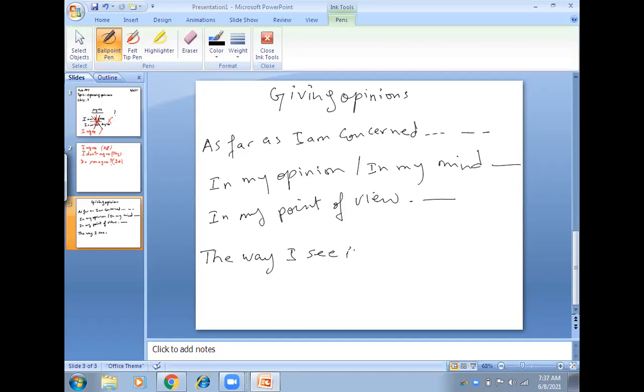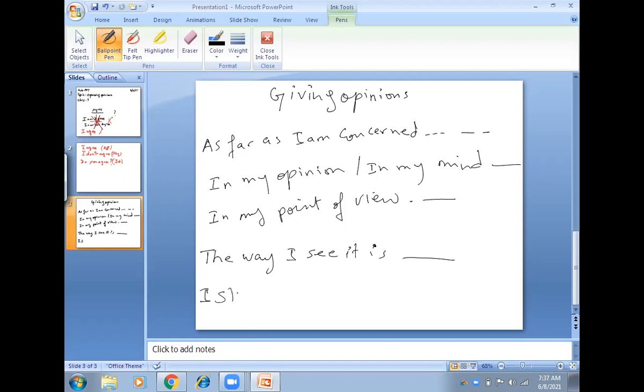the way I see it is, then you continue. Then we can also use another, "I strongly believe". This is when you are giving a very strong expression, when you are strongly giving an opinion.